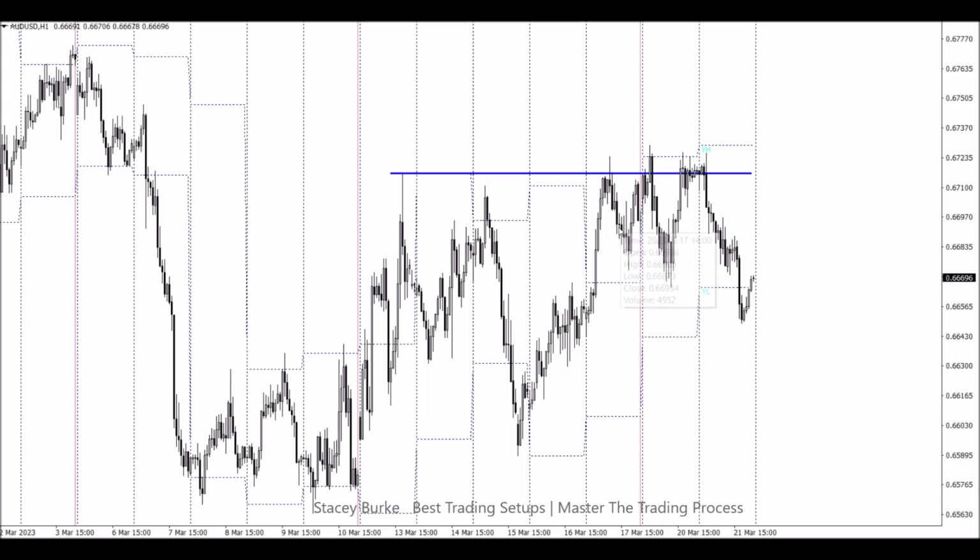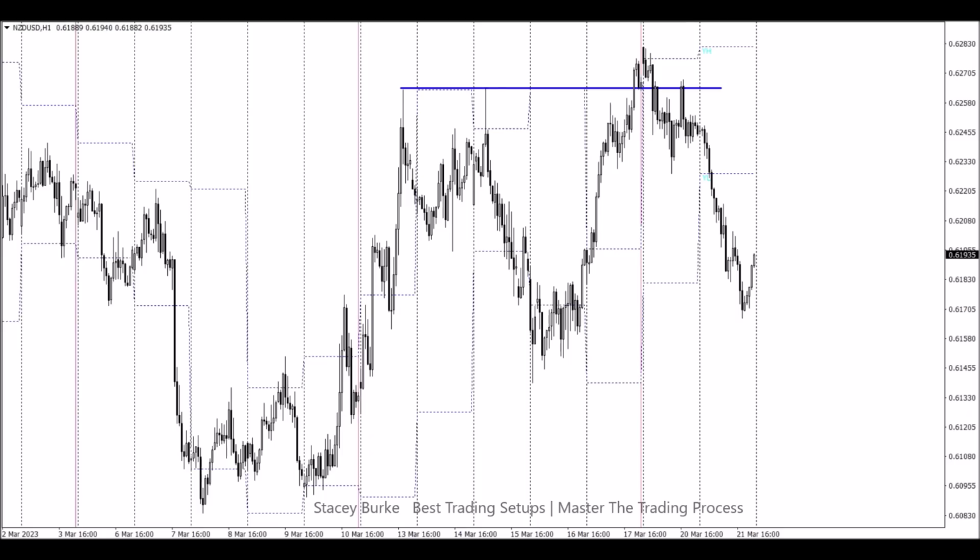Not always, but we don't get a first red day on the Aussie dollar, and we have a market that has pumped up into the close of the session. And again, that market breaks down. We had first red day on New Zealand. Both of these markets closed in balance and inside the previous day's range. But during the Asian session, the New Zealand dollar breaks outside of the previous day's low and goes out of balance.